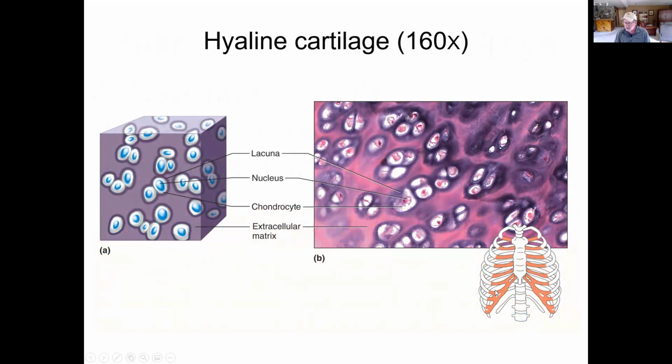Okay, so this is hyaline cartilage between the sternum and the ribs. You can also look at the end of your nose. You can look in the rings that comprise the tracheal wall that we know is lined internally by pseudostratified ciliated columnar epithelium. Remember that from the other day?